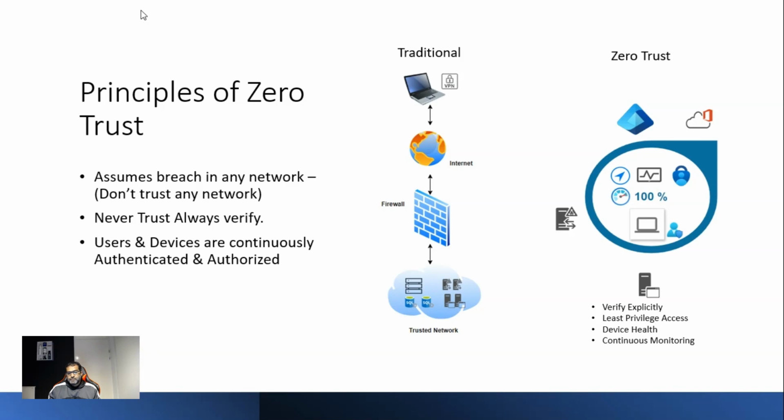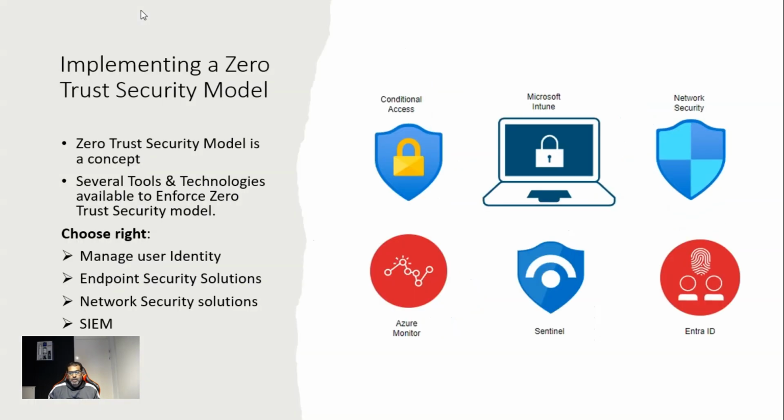Going further, implementing a zero trust model involves a combination of strategy, technologies, and best practices to enhance the security posture and protect the critical assets. So this is the high level overview.